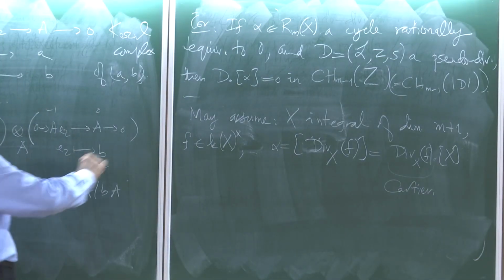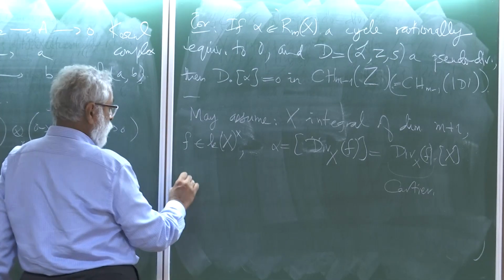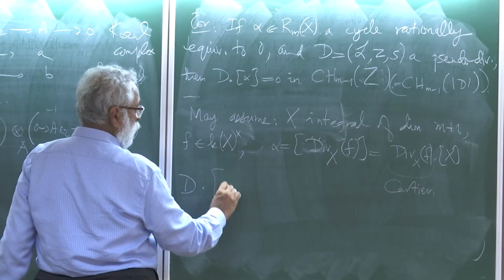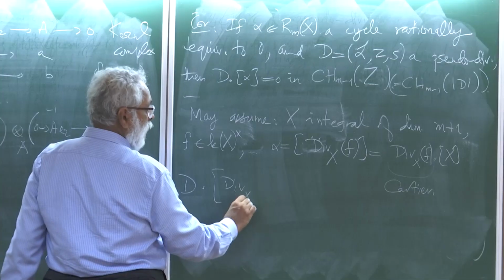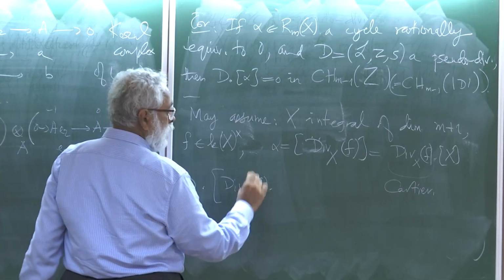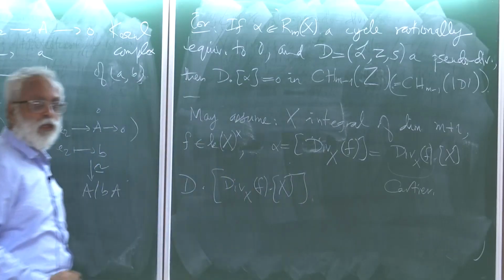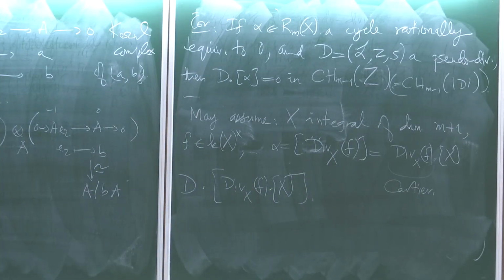Now I'm trying to compute D dot this object. D dot whatever is underlying this. This is the object I would like to show is 0 in some Chow group.